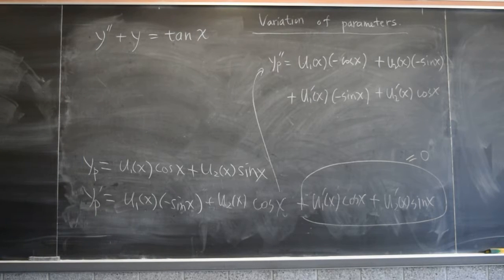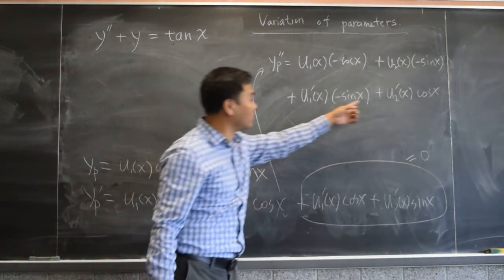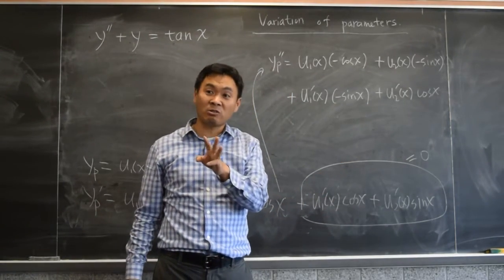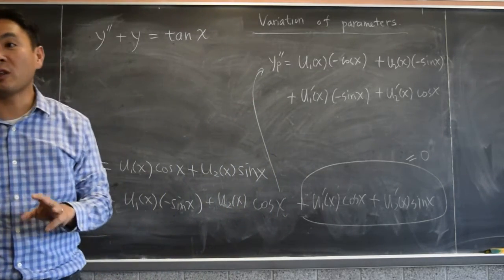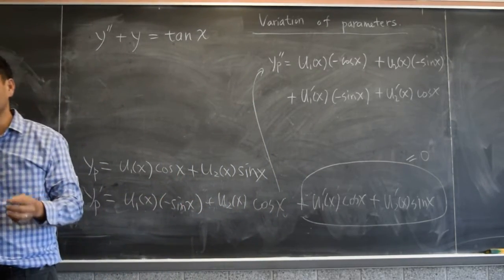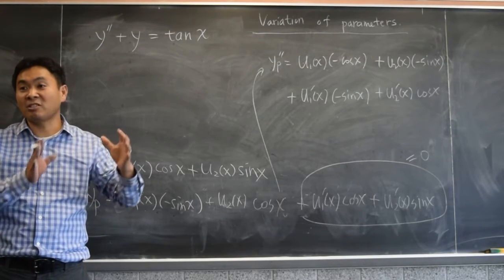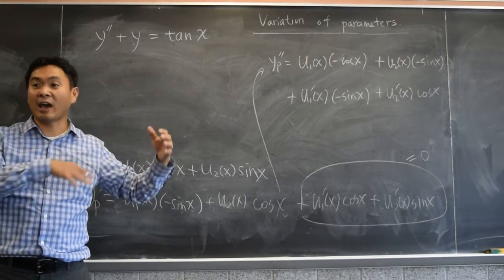Yes? Would the u1 prime x and the u2 prime x in the double prime also be equal to 0? No. We can't, because if you also impose this to be 0, then you would be getting 3 equations for the 2 unknowns. Then that's too much. Whenever you try to solve an equation, you want to have the same amount of unknowns as equations.